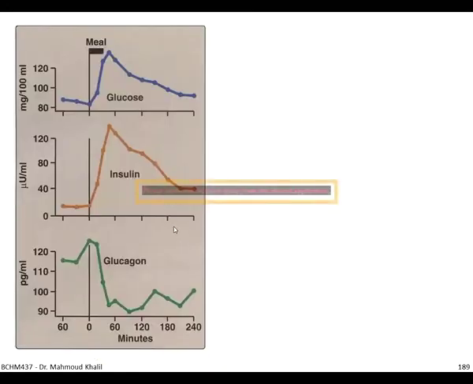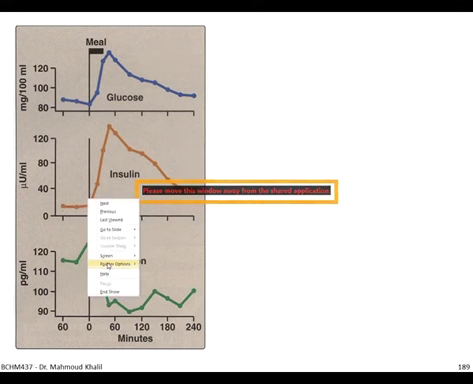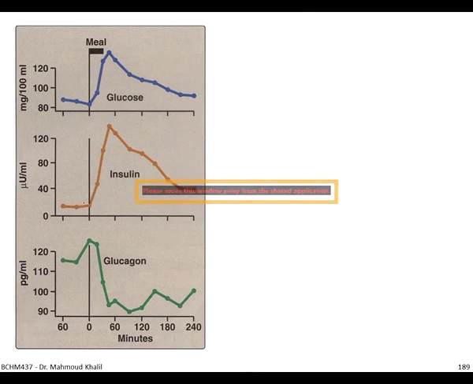Here as well, you can see the concentration of each hormone in relation to the glucose in our blood. Once the glucose in blood is below normal level, there is a basal level of insulin, and glucagon is a little bit higher because it needs to keep this normal level.